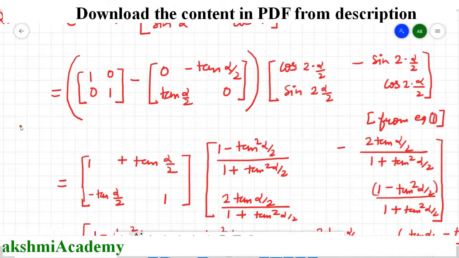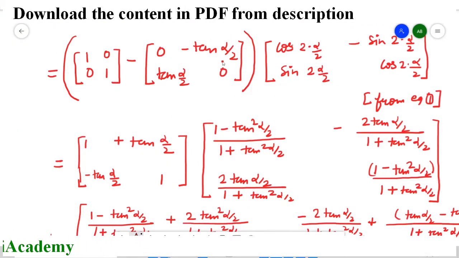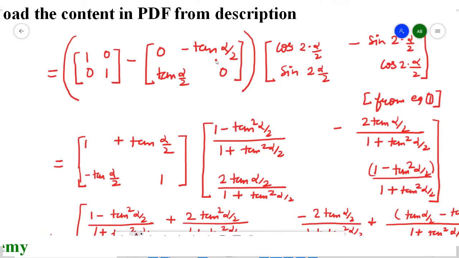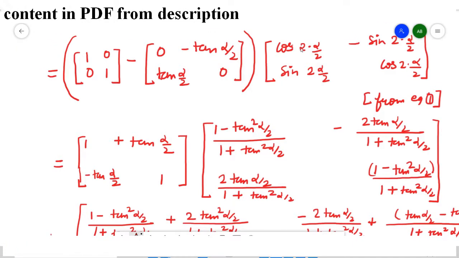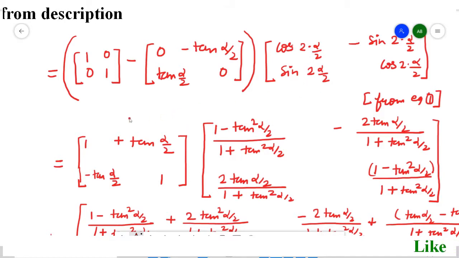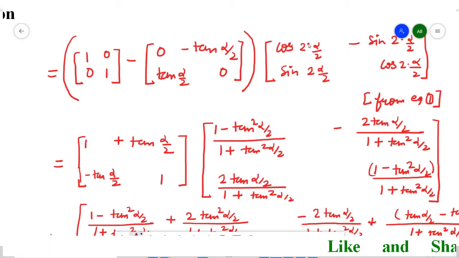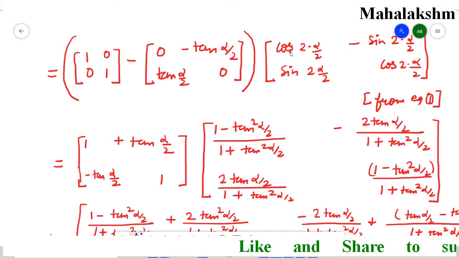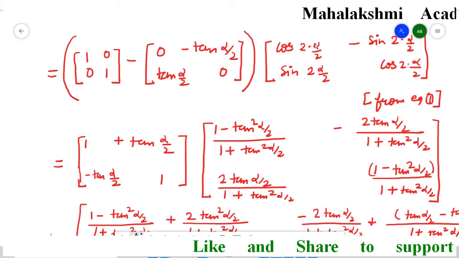Now after that, since here we have tan alpha by 2, the cos 2 theta formula you might know, meaning you already learnt in 11th class: cos 2 theta is 1 minus tan square theta upon 1 plus tan square theta. From there I replaced the cos 2 theta formula.